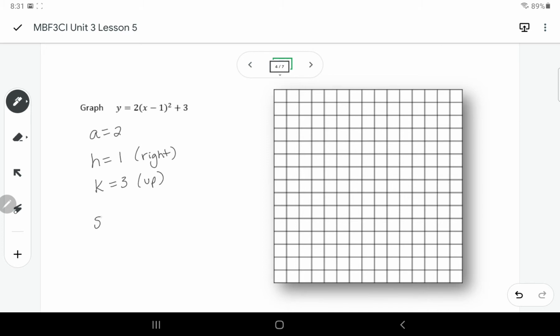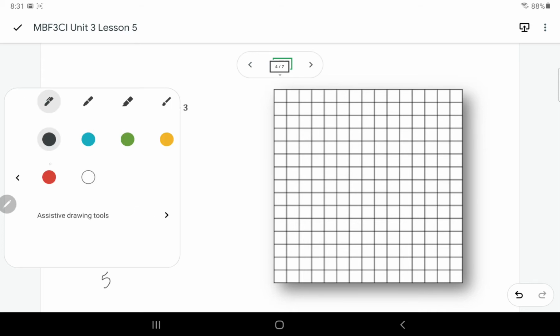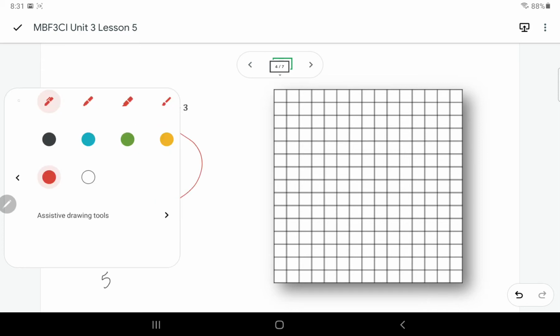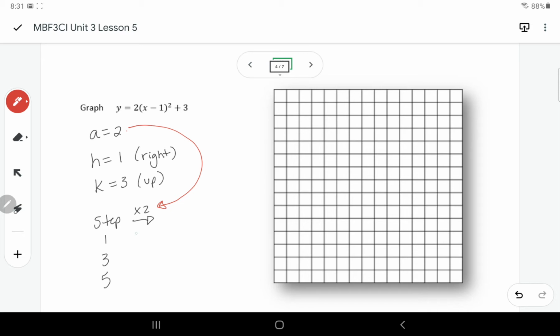We know my step pattern originally is 1, 3, 5. I won't be able to fit the 7, so I'll just leave it off. And I'm going to do times 2 because of the A value. So I need to multiply my steps times 2. So it will be 2, 6, and 10.